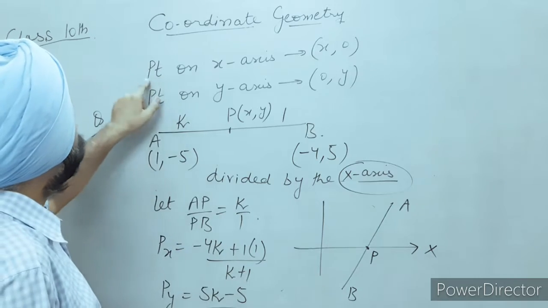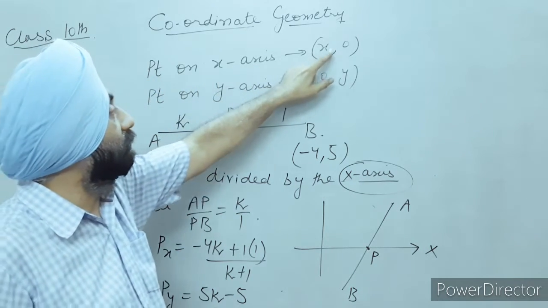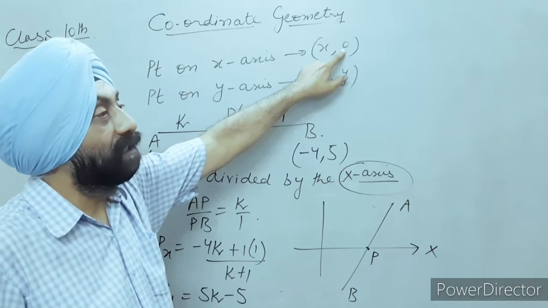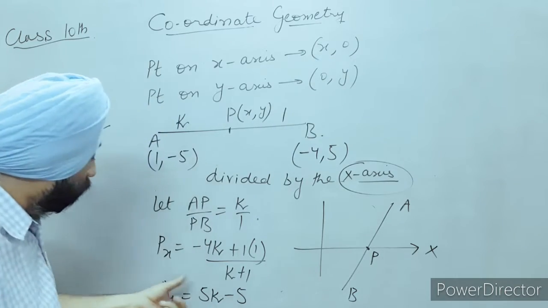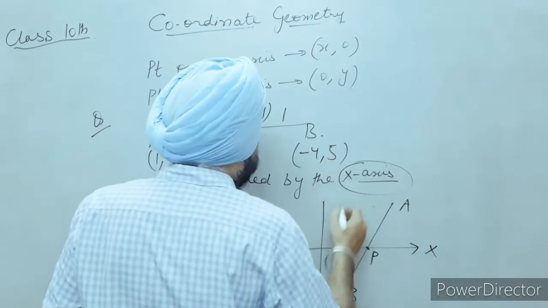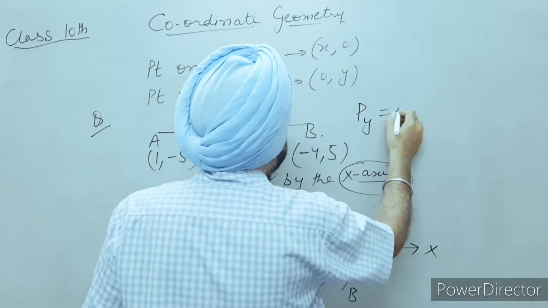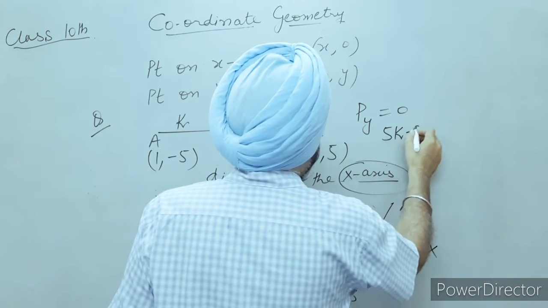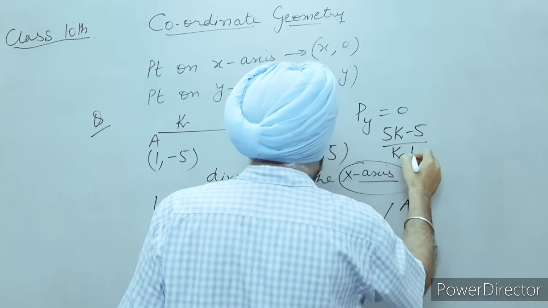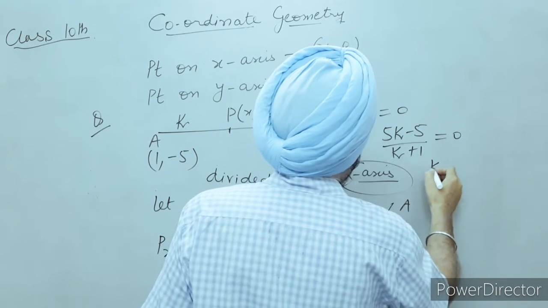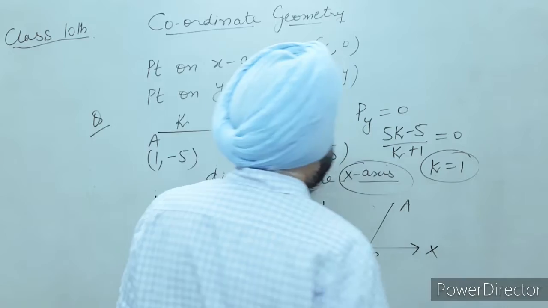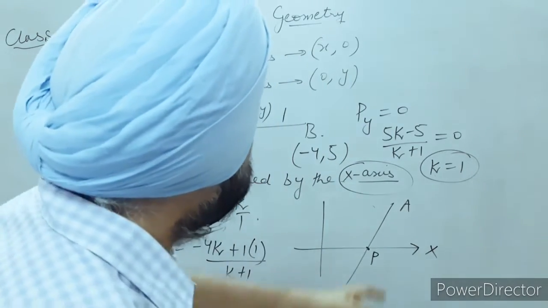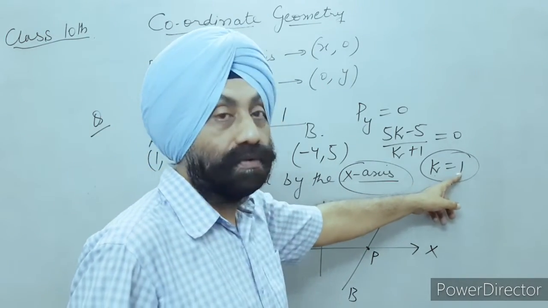As I told you, a point on the x-axis is taken as x comma 0, so the ordinate part is 0. So P of y equals 0. That is, 5k minus 5 divided by k plus 1 equals 0. That is k equals 1. This is the answer.